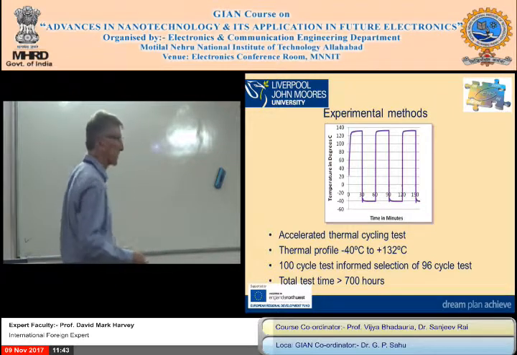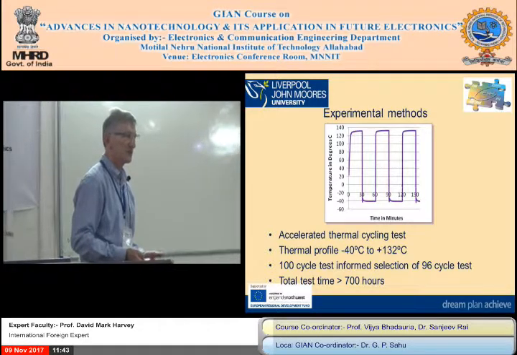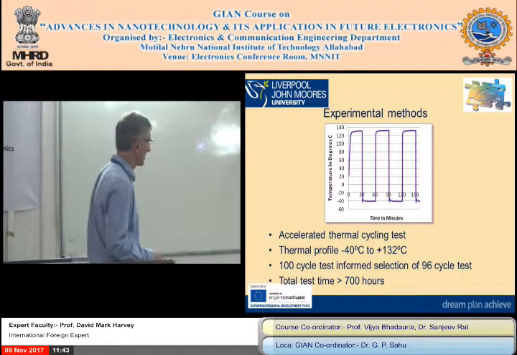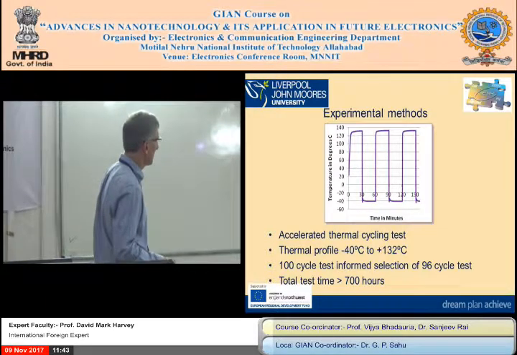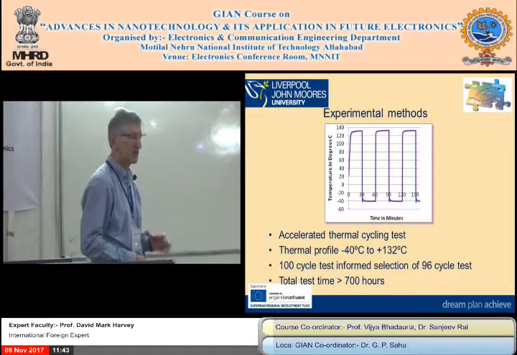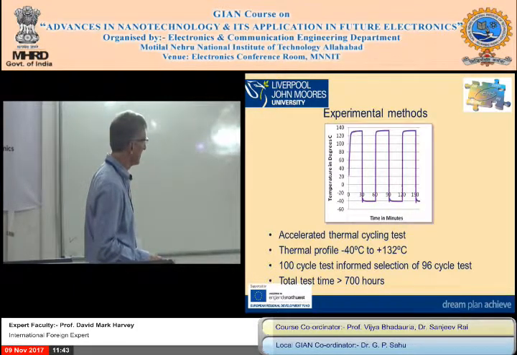We don't have this facility in the university, so all our testing was done in industry, which is quite fortunate because this is quite expensive equipment. We set this profile quite aggressively, so the joint would break. We anticipated it would break in 100 cycles like this. One cycle effectively is 30 minutes at 120, 30 minutes at minus 40, that's one cycle.